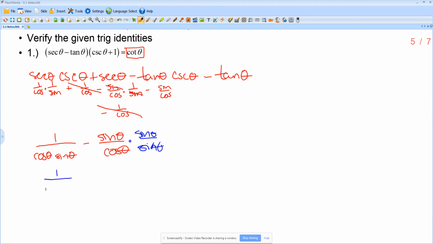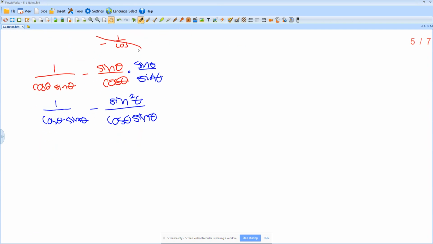That gives me 1 over cosine theta sine theta minus sine squared theta over cosine theta sine theta. Because these fractions are the same denominator, I can subtract the numerator, 1 minus sine squared theta over cosine theta sine theta.